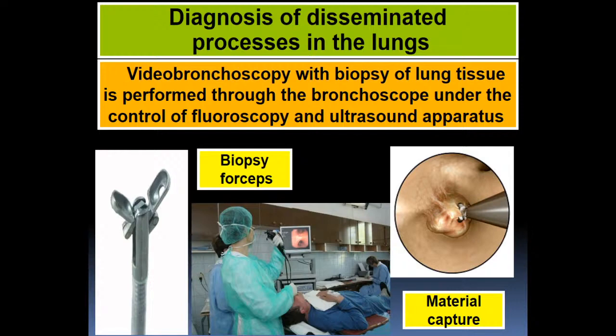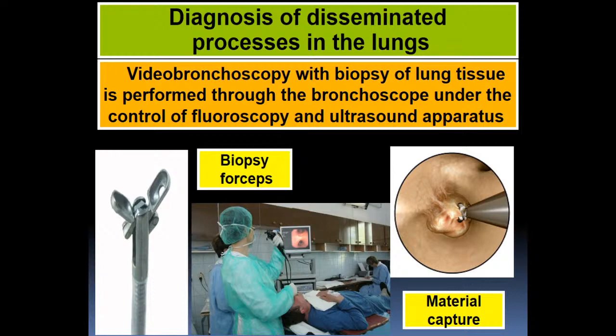Video bronchoscopy with biopsy of lung tissue is performed through the bronchoscope under the control of fluoroscopy and ultrasound apparatus. On this photo, you can see biopsy in video bronchoscopy.